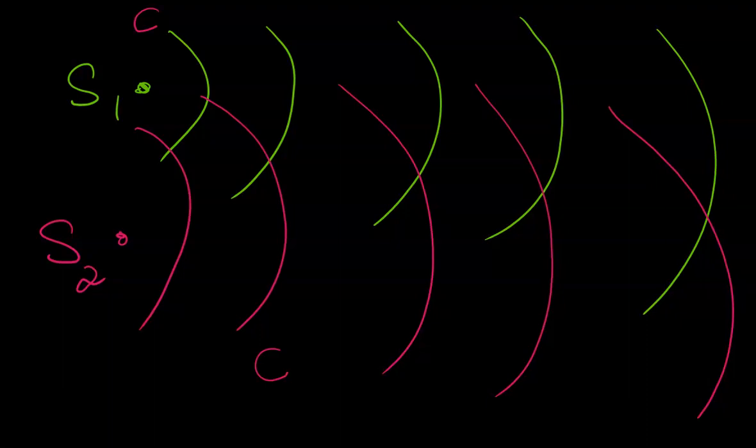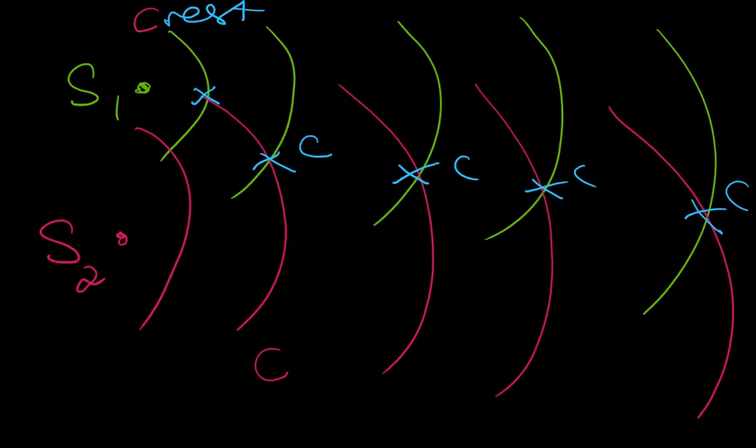Let's say I'm putting X's in blue that represent where crest and crest meet, and that represents constructive interference. Here, if I have two spaces overlapping as well, I would have constructive interference too, because that shows trough and trough.